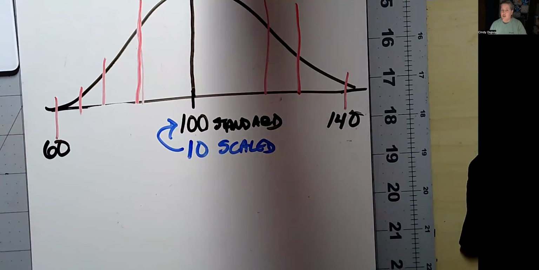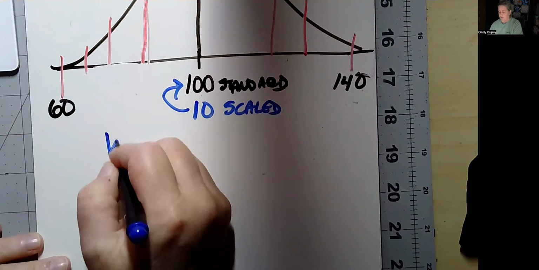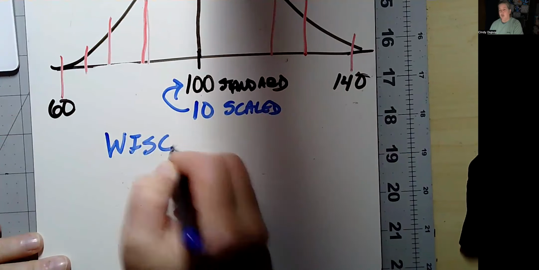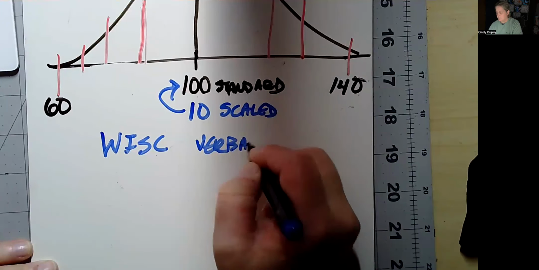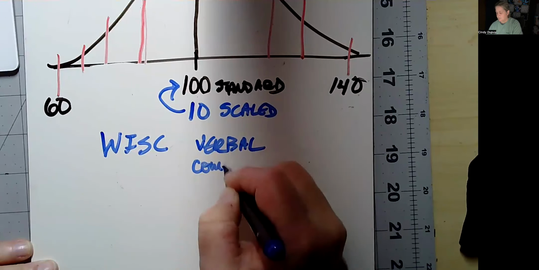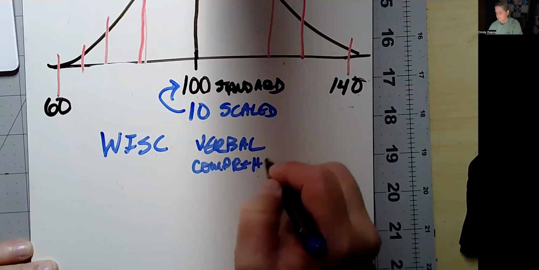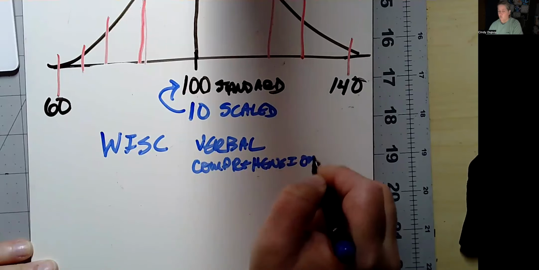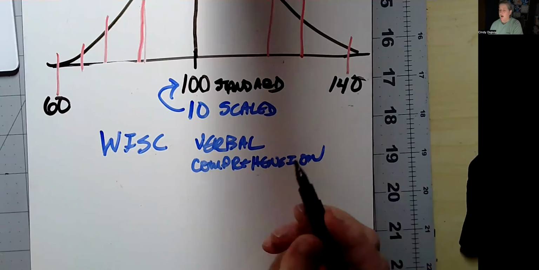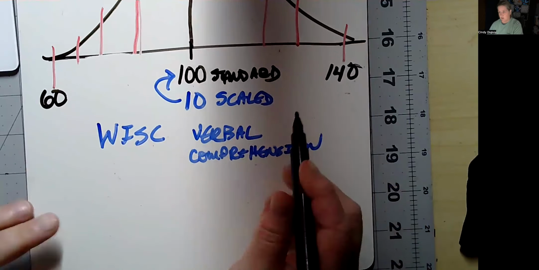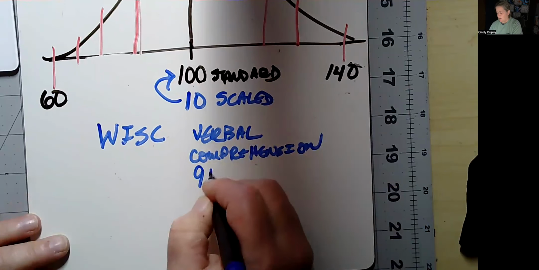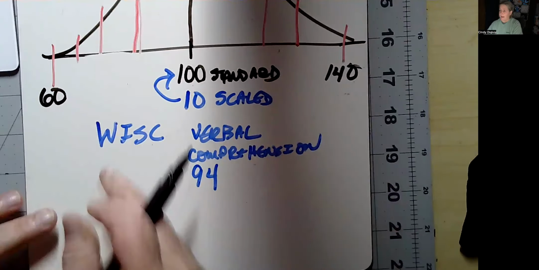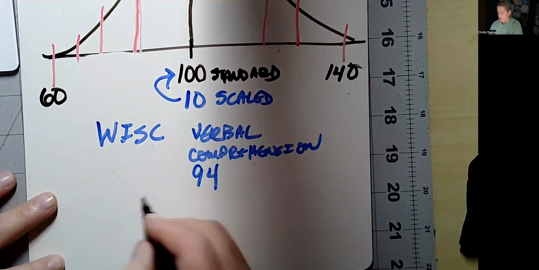So let's say your student did an IQ test, and they did something called a WISC. You might see a verbal comprehension score, which is expressed on that metric of 100. So you might see a score of, let's call it, 94. Now, that would be made up of two scaled scores.